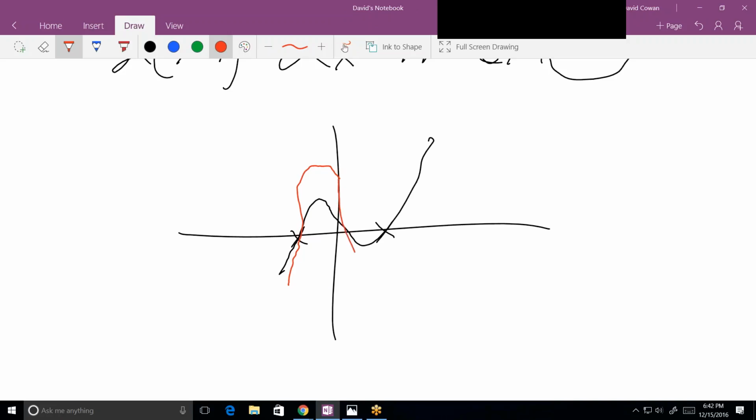Well, there's another 0 that I forgot about, but this actually has 3 zeros. Both functions, the black and the red, both go through all 3 zeros, but they're different functions. They're different polynomials. The red is 2 times the black, and think of your transformations. It's a vertical stretch by a factor of 2, but it also accomplishes giving me that y-intercept of 20 instead of 10.